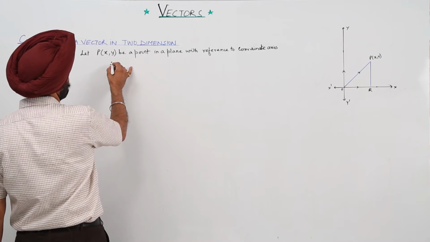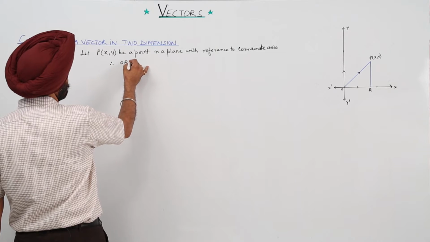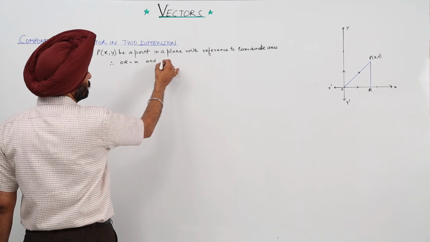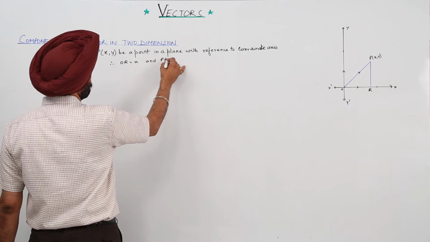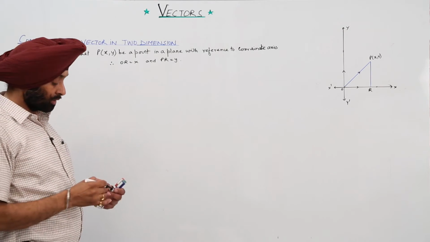Therefore, now we have OR equal to x and PR equal to y.